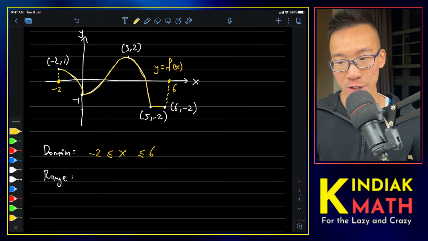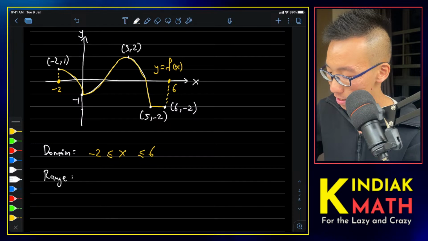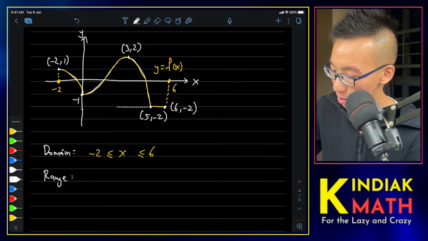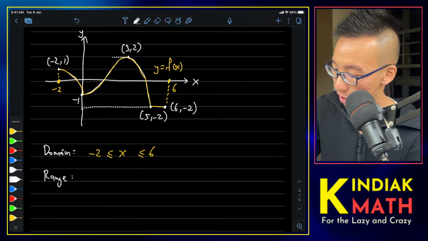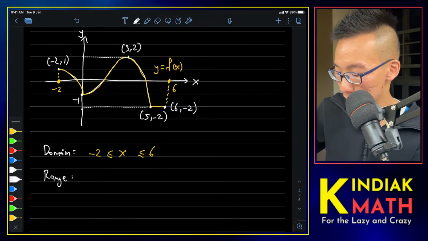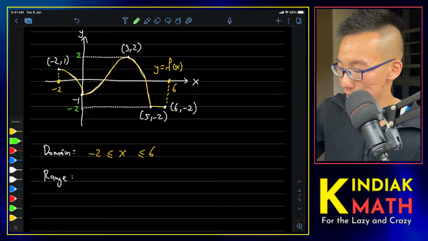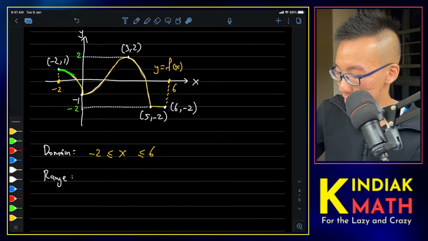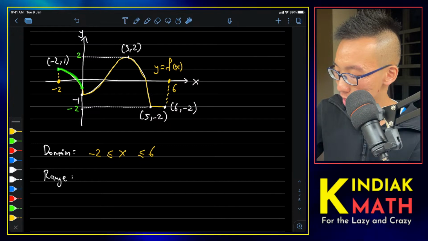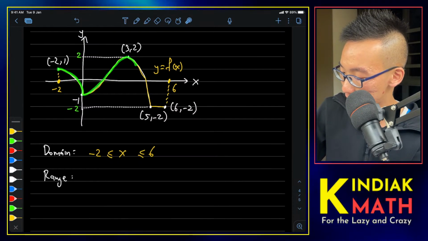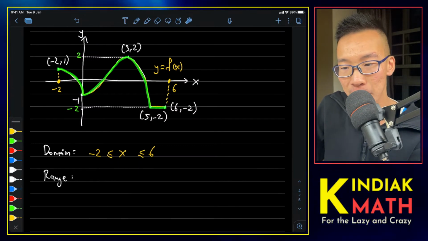Now, what about our range? Well, the range is the plausible outputs of the function. All the different possible outputs you could possibly get from the function. So in this case, the function sort of starts from 1, it goes down, it goes up, and then it goes down, and then it kind of remains the same.